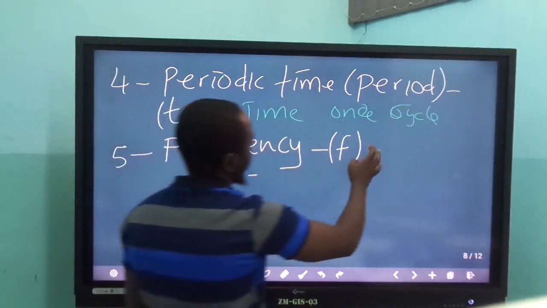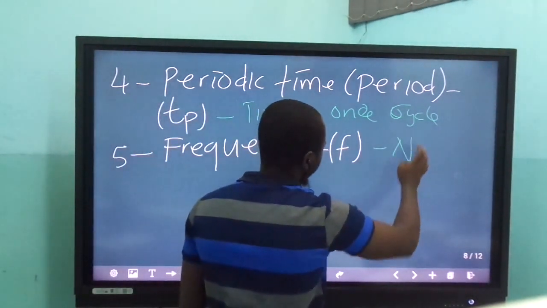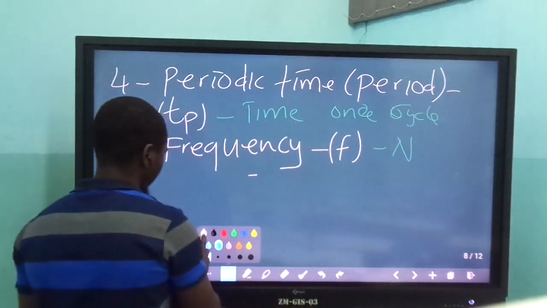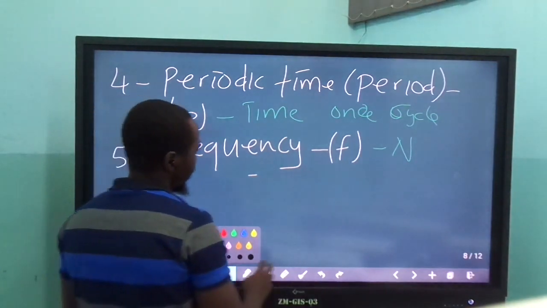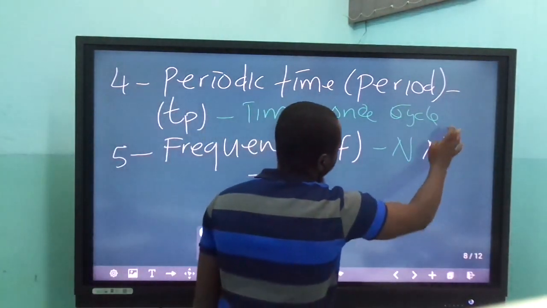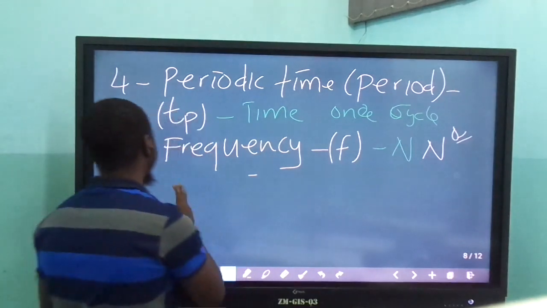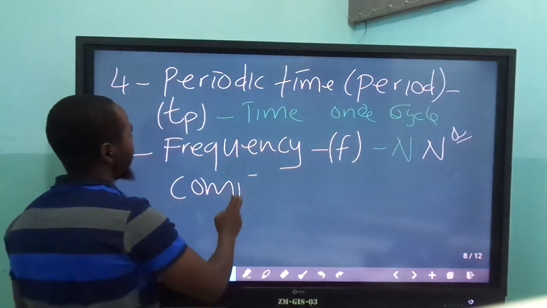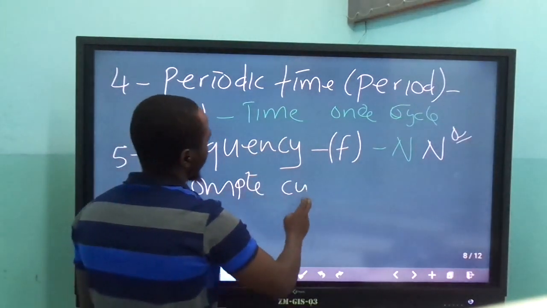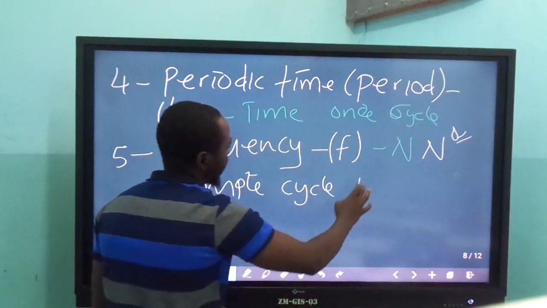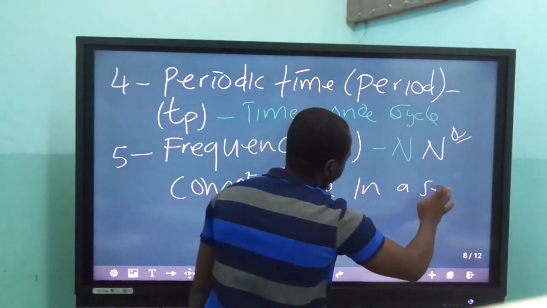Frequency is the number of complete oscillations made in a second. Number of complete cycles or oscillations in a second.